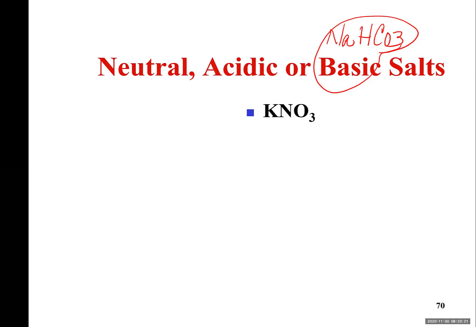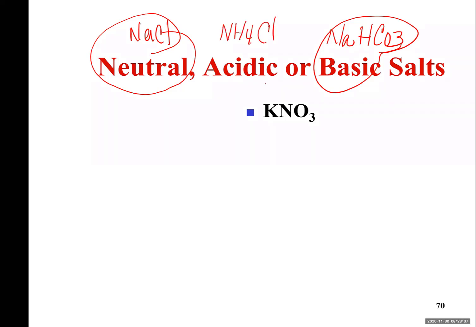And some salts are neutral, like table salt is neither acidic nor basic. And some salts are acidic. For example, ammonium chloride is acidic. So we want to show you how to find out whether a salt is acidic or basic.